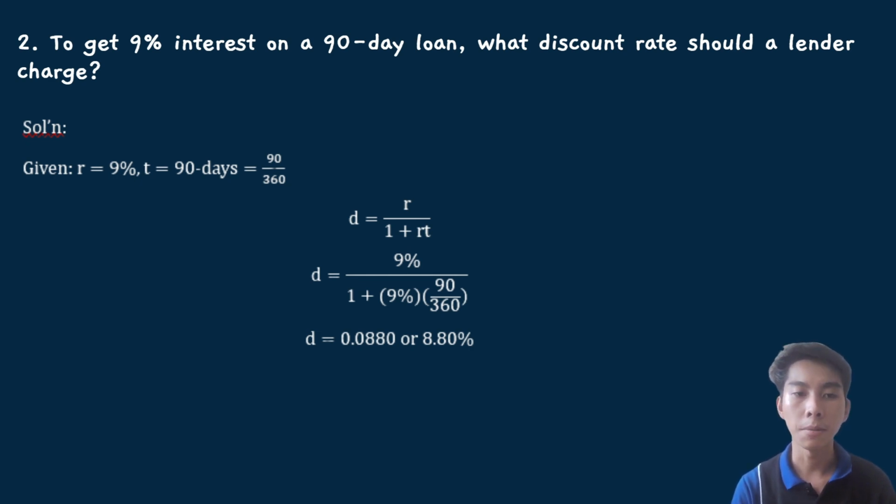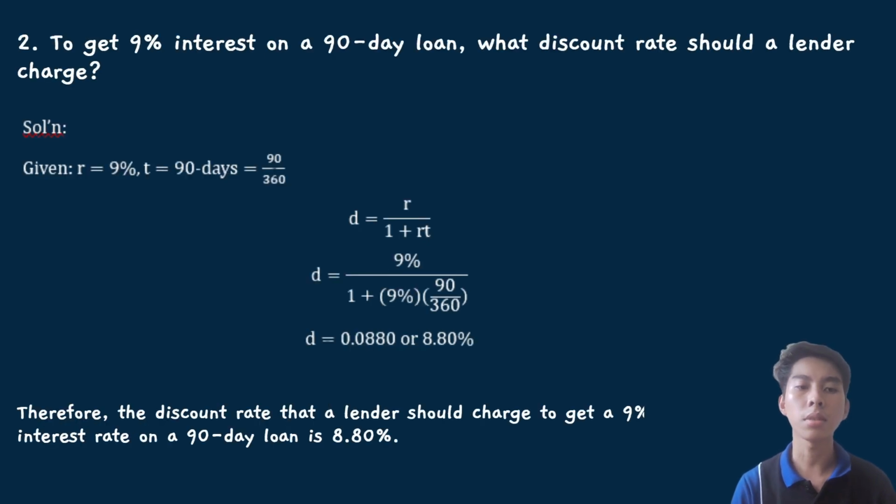Then we have D is equal to 0.080, or converted to percent, 8.80%. Therefore, the discount rate that a lender should charge to get a 9% interest rate on a 90-day loan is an 8.80% discount rate.